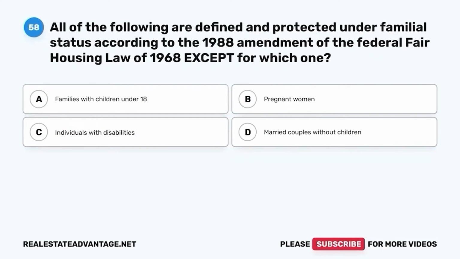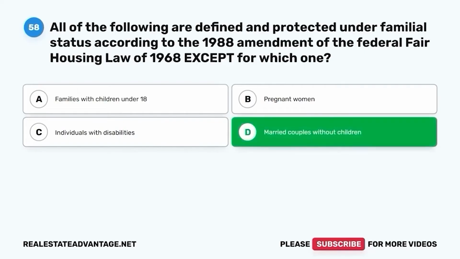Question 58. All of the following are defined and protected under familial status according to the 1988 Amendment of the Federal Fair Housing Law of 1968, except for which one? A. families with children under 18. B. pregnant women. C. individuals with disabilities. D. married couples without children.